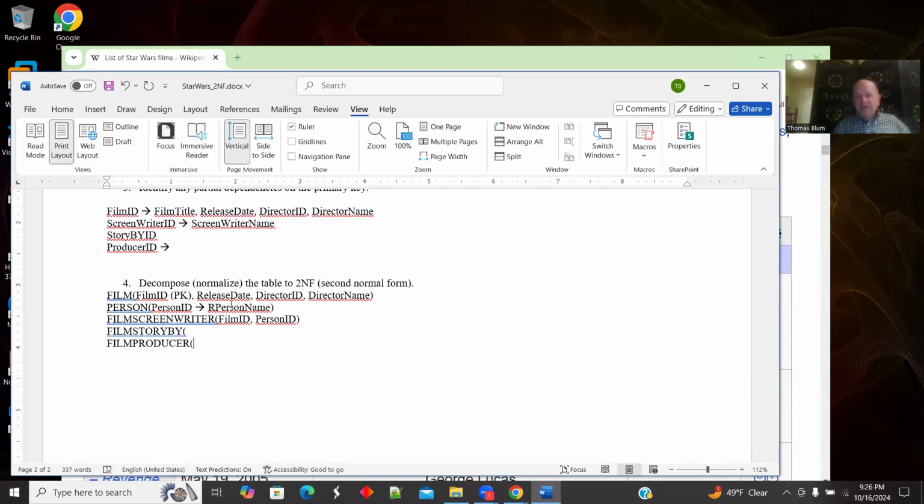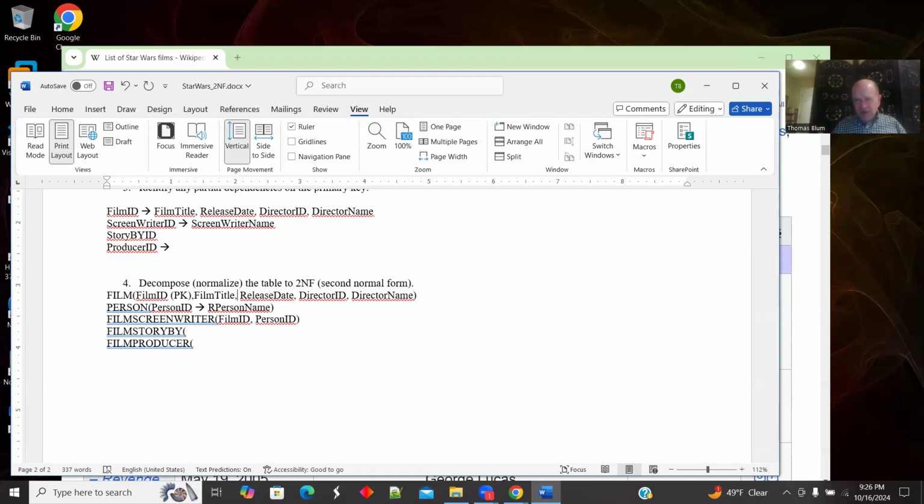And so these are tables. Then we ask, do we have everything accounted for? We have the film. I didn't put in the film title. So I have the film's ID determining the film's title, its release date. It's also determining the director.